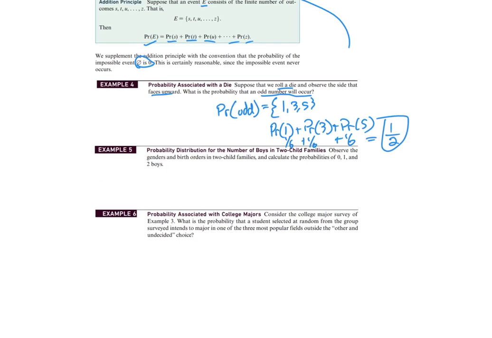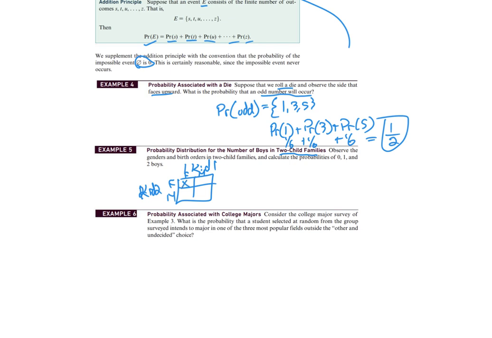Probability distribution for the number of boys in 2-child families. Observe the genders and birth orders in 2-child families and calculate the probabilities of 0, 1, and 2 boys. We're going to make a chart to look at the options. Kid 1 could be female or male, and kid 2 could be female or male.